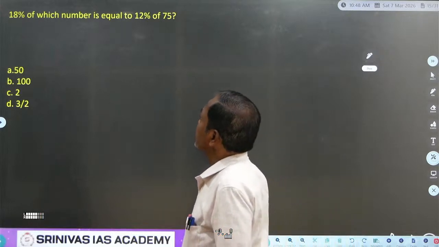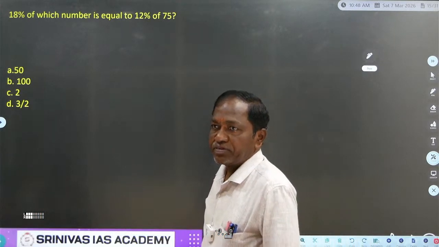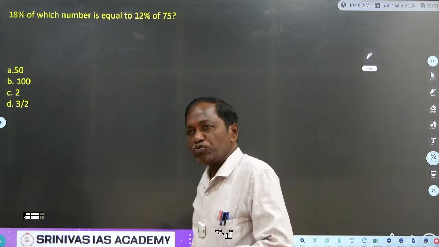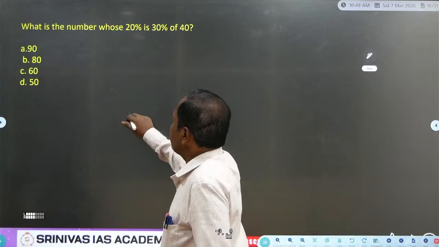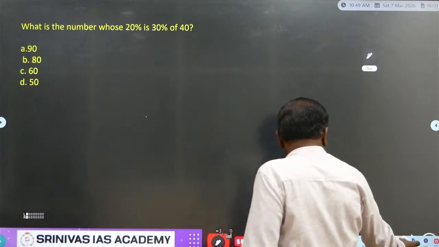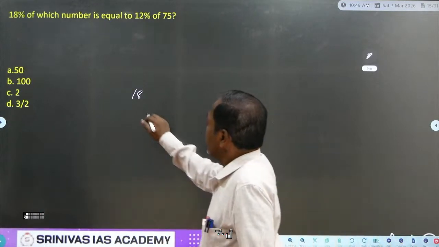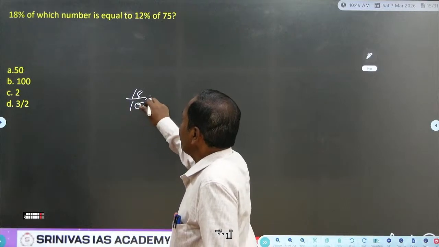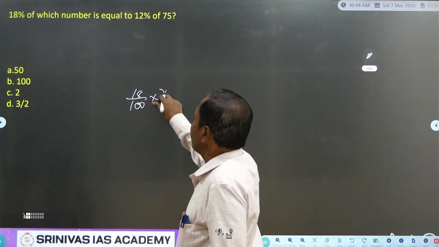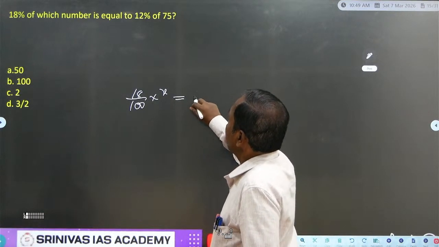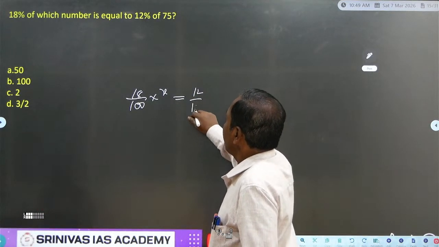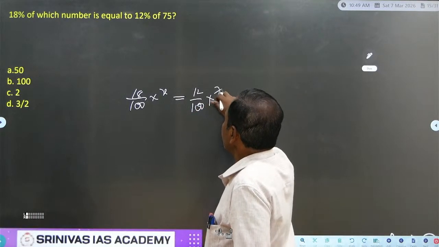18% of which number is equal to 12% of 75? I put these questions only so you think how to write it as an equation. 18%, 18 by 100, of which number? We don't know, so X. This is equal to 12% of 75.